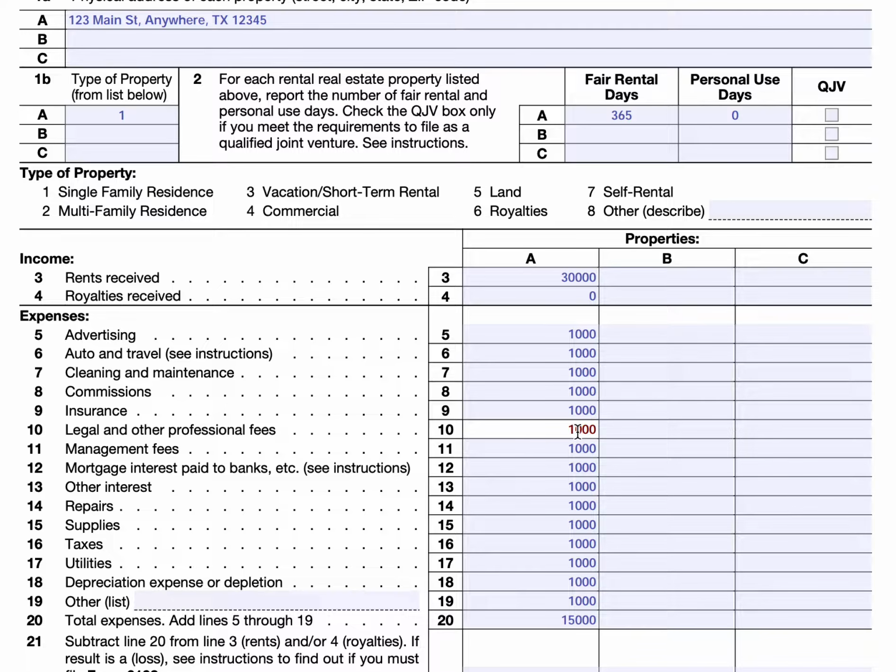For line 10, you can enter any legal or professional fees to include tax advice, tax preparation fees, but you cannot deduct any legal fees that were required to defend or protect your title, to recover any property, or to develop or improve property. Those fees must be capitalized and then added to your property's basis.